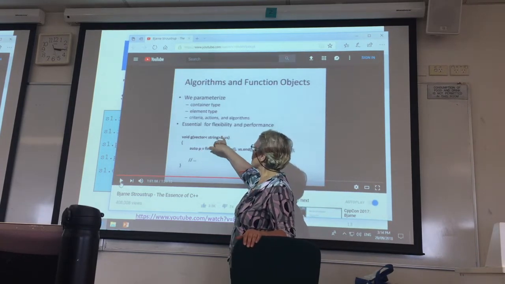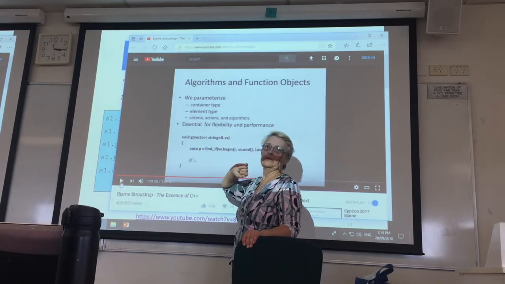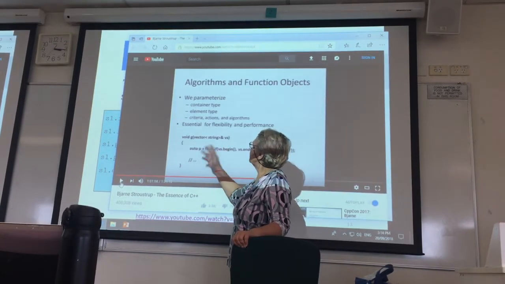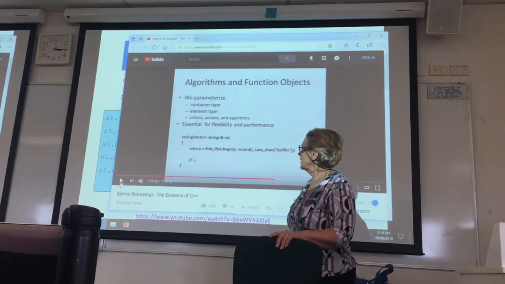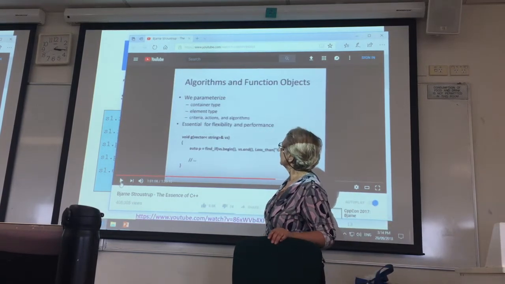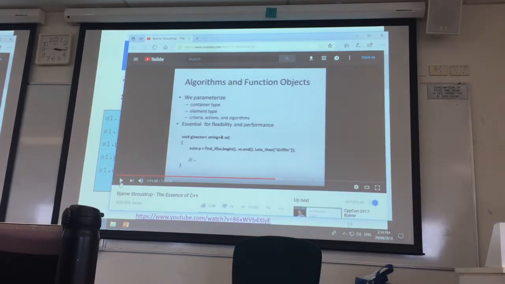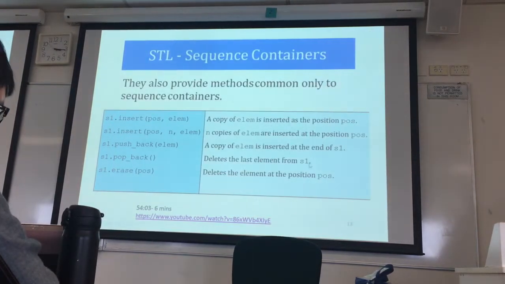Notice you should recognize this notation. The argument is a reference to a vector of strings, which tries to do some searching and uses an algorithm. We will talk about algorithms next week. So we will stop here and we will continue.